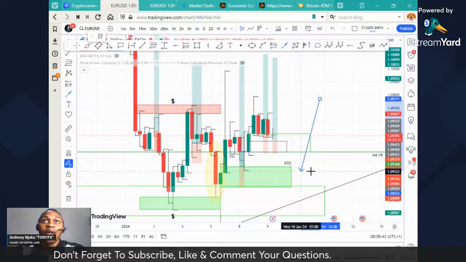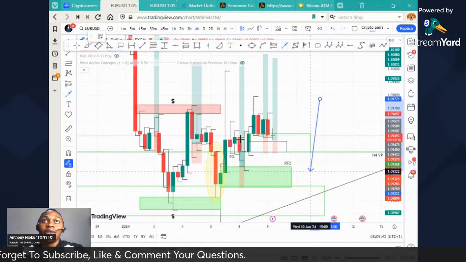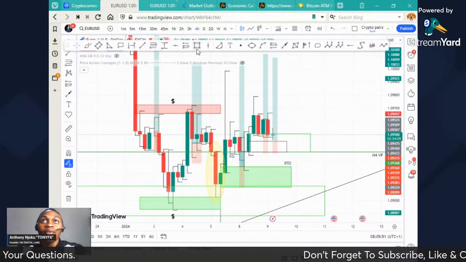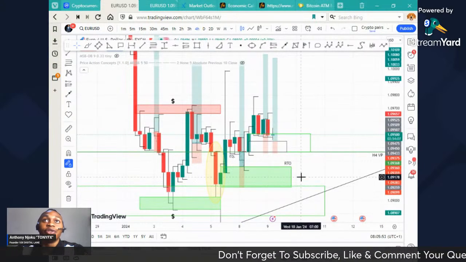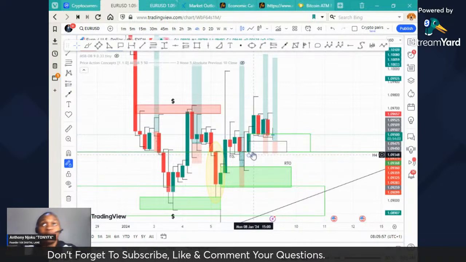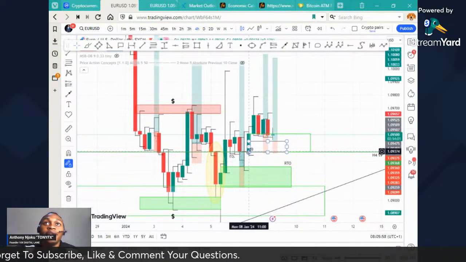we have to scale down and be able to cite another order block, to refine that particular order block or support area. So let me scale down a bit.